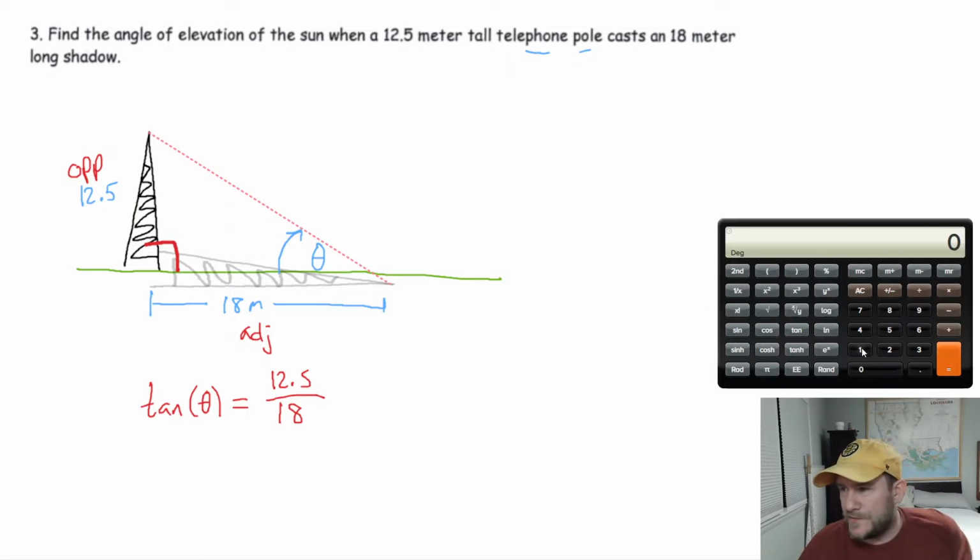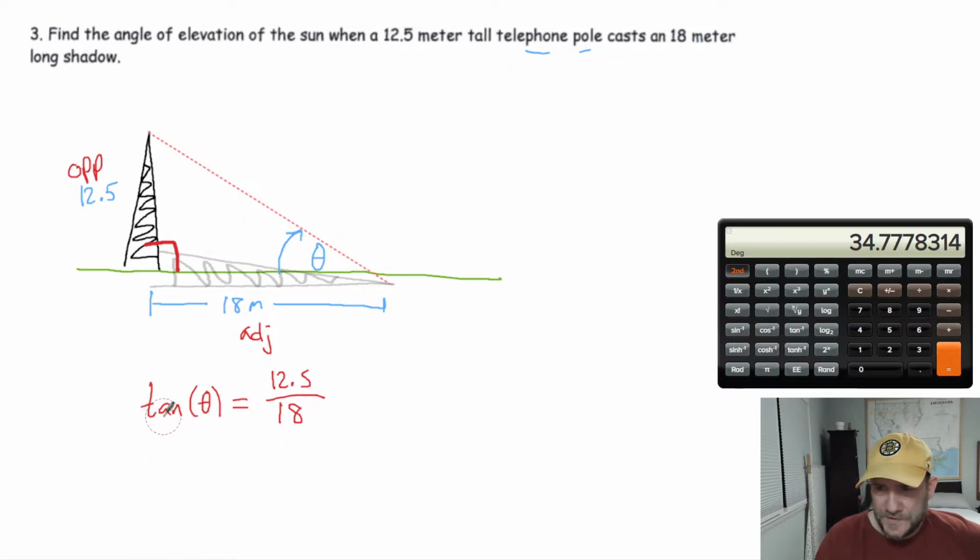Okay, so we'll just figure out what is 12.5 divided by 18. So it's this decimal. We could look that decimal up on our table to get our angle measure, or we can just hit second and choose inverse tangent of that, and we're done. It's going to be a 34.78 degree angle.